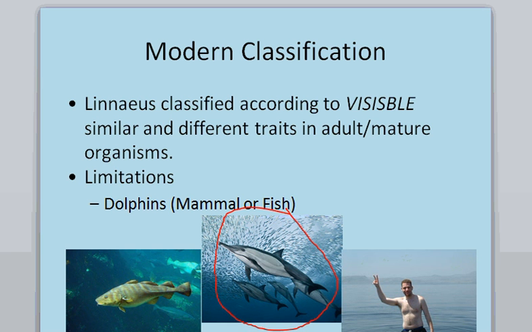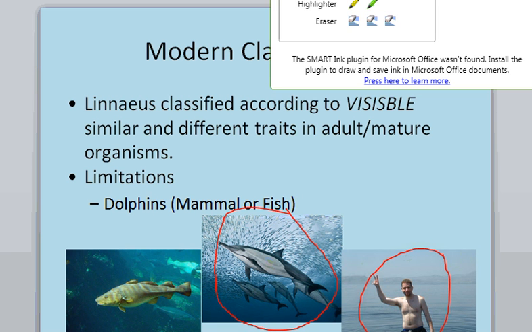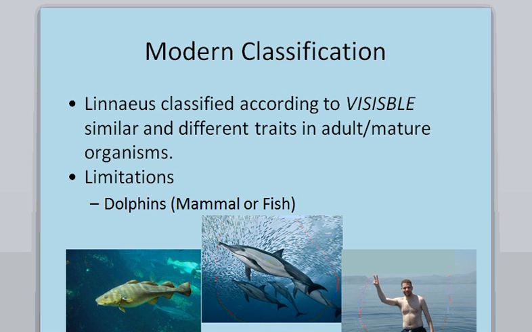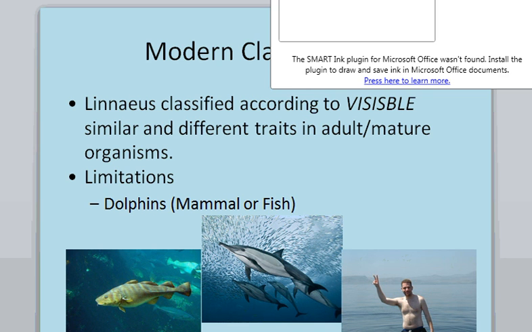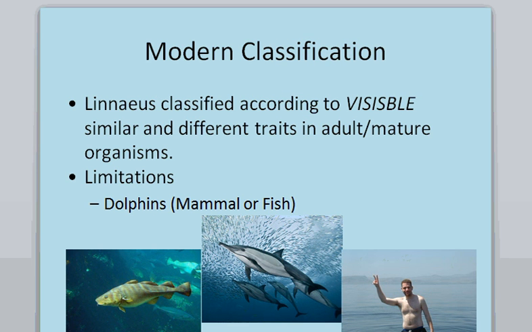But we know that dolphins are mammals. They have mammary glands. They care for their young. They have hair on their body, okay? So they are much more closely related to the man, okay? But if we just strictly use Linnaeus's categorization or classification, we would look at a dolphin as a fish, and we know better than that.